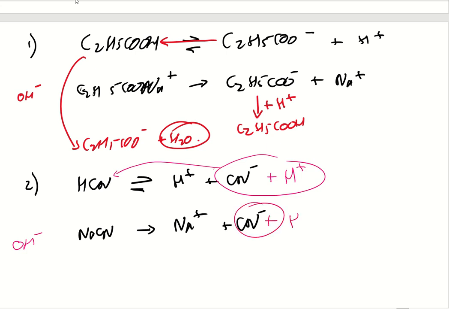In fact, that's a much more likely reaction to happen because there are very, very few cyanide ions from this source, and there are lots of cyanide ions from this source. The hydroxide ion will react with the hydrogen cyanide, again to give me water and a CN negative ion. So that's the chemistry of what happens in that context with those two.